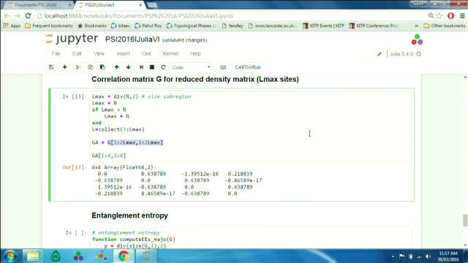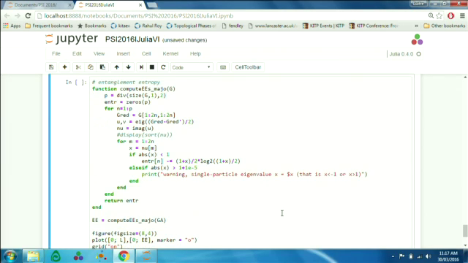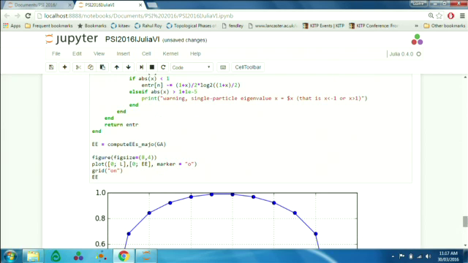Finally, we compute the entanglement entropy in a very similar way as before, by adding contributions: we diagonalize these correlation matrices on the region that we're interested in, we take the eigenvalues, and we compute individual contributions to the entropy, and we get some nice plot.